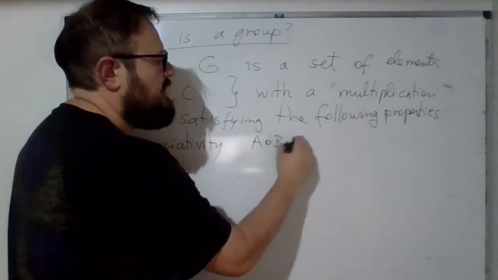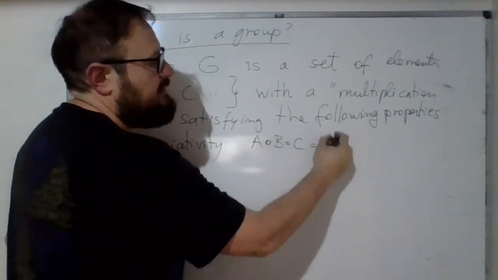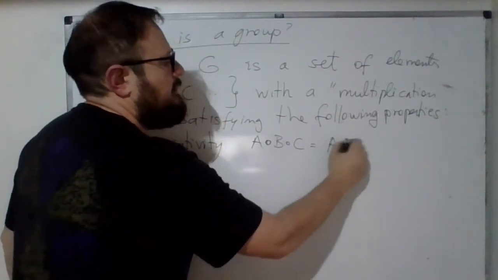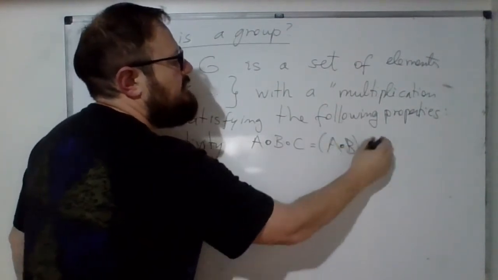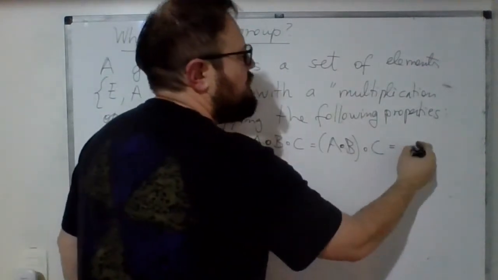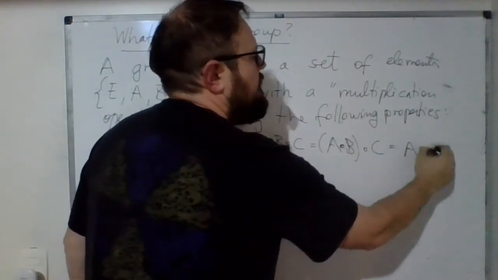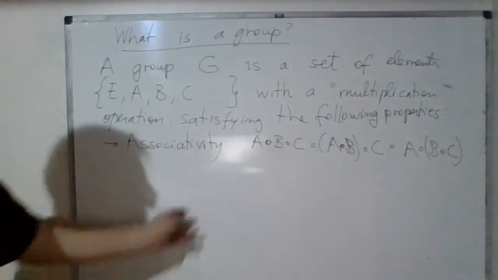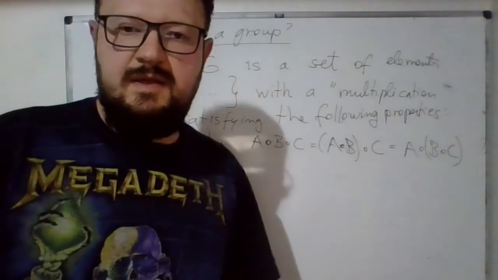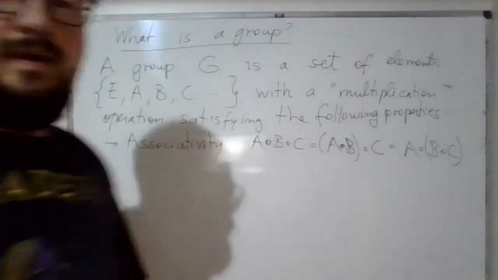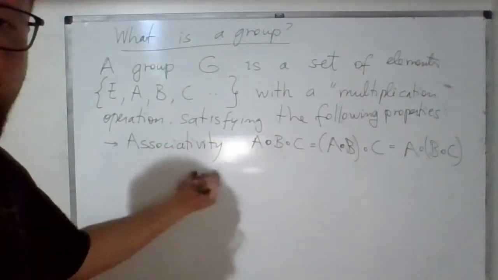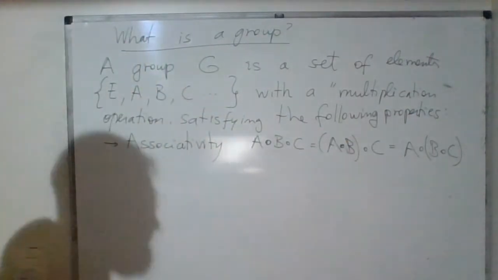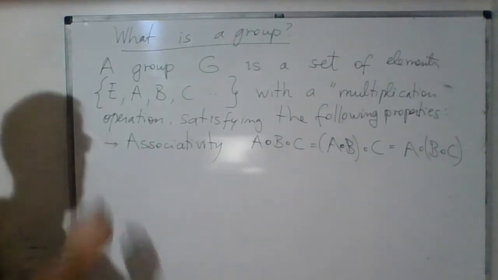A times B times C is the same as multiplying A and B first and then C, which is the same as multiplying B and C first and then A. All right, so the elements must be such that associativity is a property of a group.